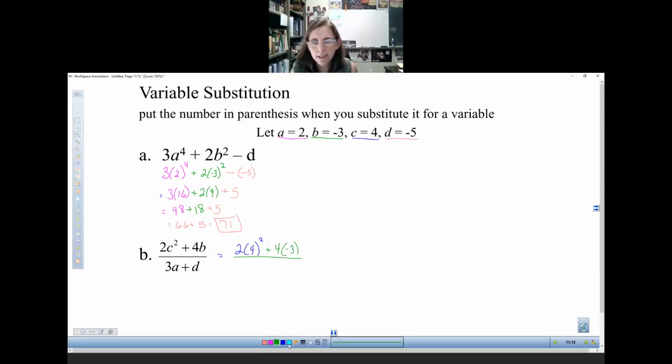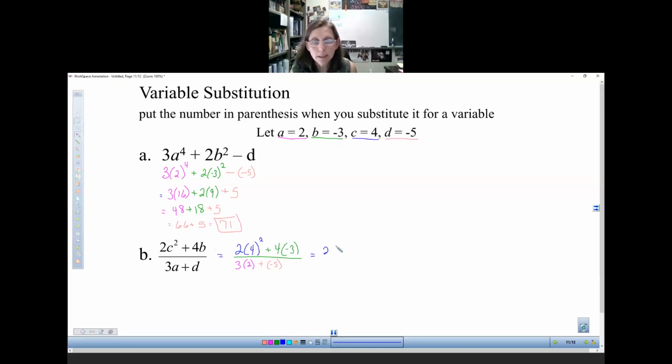And all of this is going to be over 3 times A, where A has a value of 2, and then plus negative 5. I still like putting that in parentheses. It makes me happy. Making me happy is what we're all about.